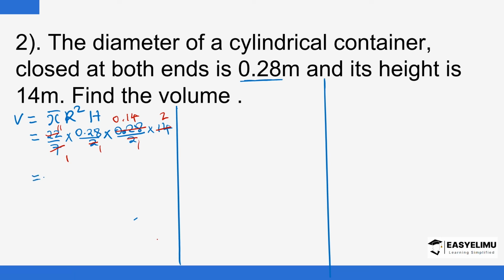So what you have now is 11 times 0.28 by 0.14 times 2. So we'll just multiply 11 by 28 by 14 by 2. Then we count the number of decimal places, which are 1, 2, 3, 4.